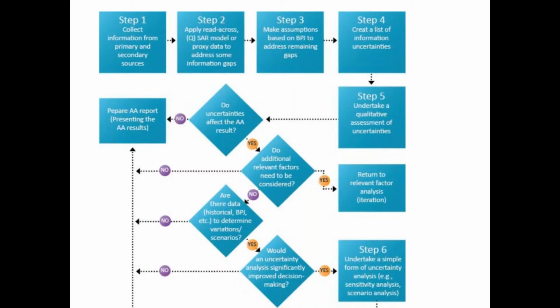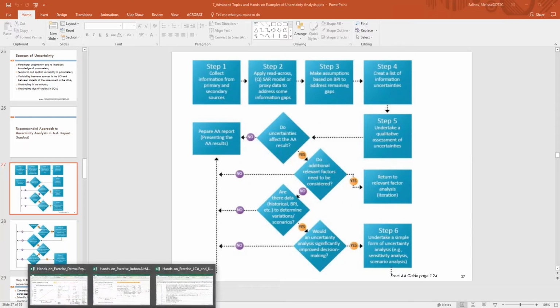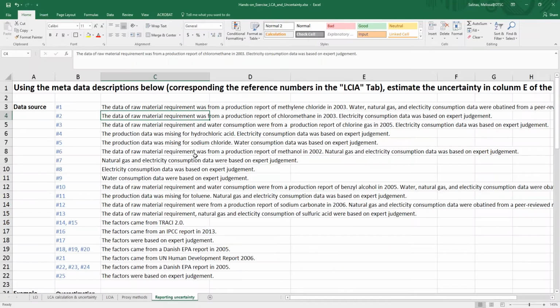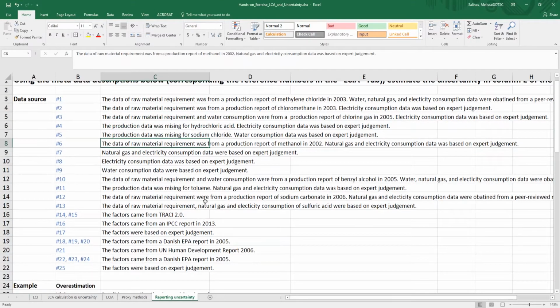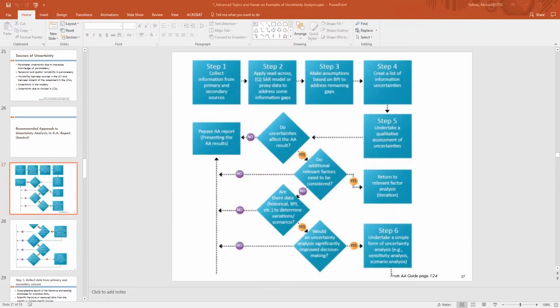What I would think is that, after having gone through a few of these, if you look at these data sources and try to assemble them together to come up with the level of uncertainties, and then decide whether it affects your result, at that point, without going any further, you could have decided, oh yes, it does matter, and we need to collect additional data. And then you may go right to this level already.